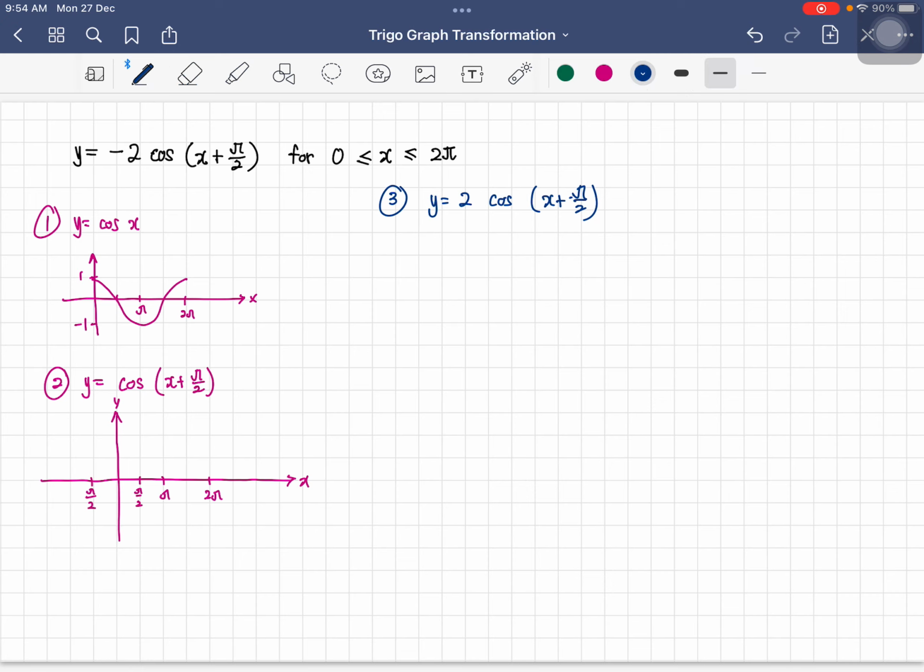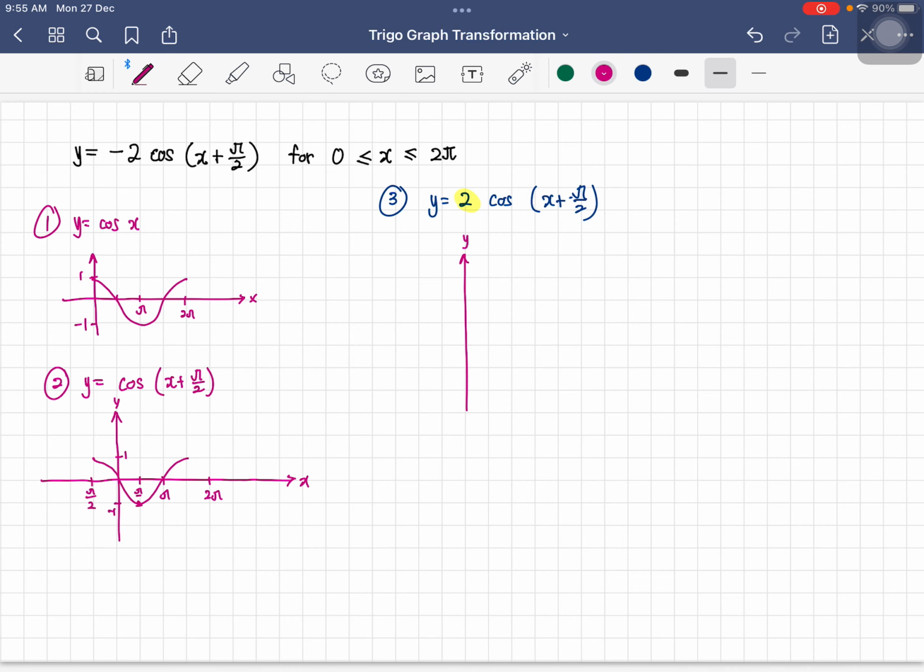For this one I'll start with 1 and negative 1 there, and my graph would be something like this. I think it's much clearer now, since it is shifted to the left by pi over 2 units. Next, I'm gonna make its amplitude 2, so my graph will be something like this.